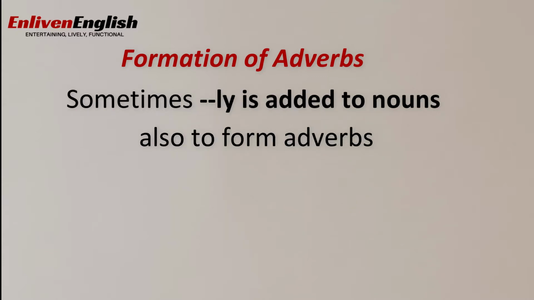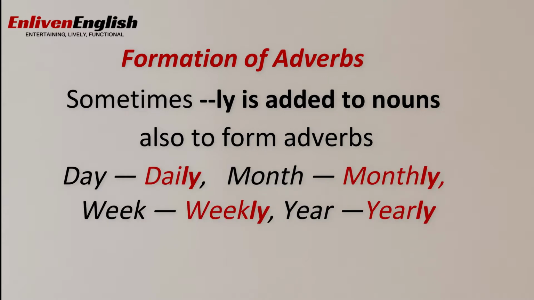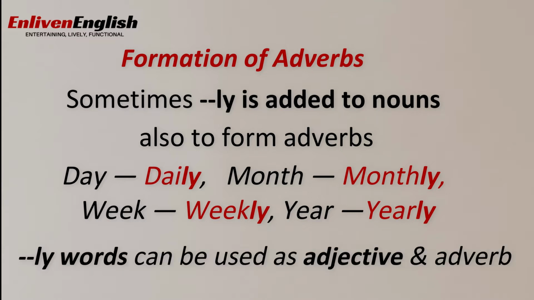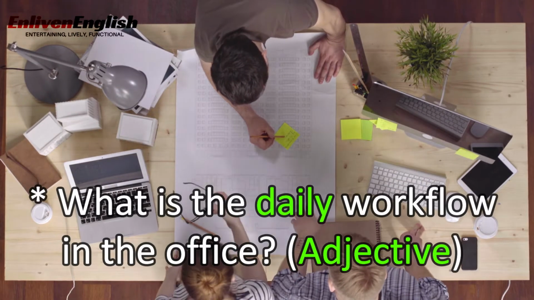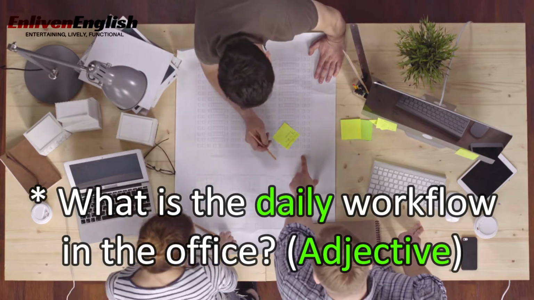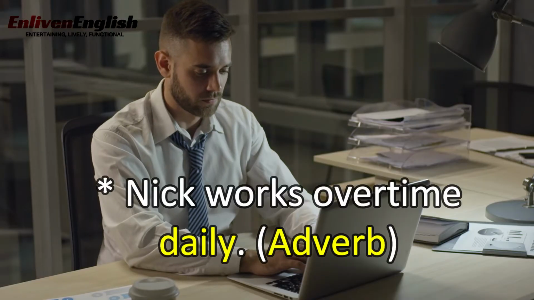Sometimes ly is added to nouns also, as in day, daily, month, monthly, week, weekly, year, yearly. Please note, an ly word formed from a noun can be used both as an adjective and as an adverb. For example, what is the daily workflow in the office? Nick works overtime daily.